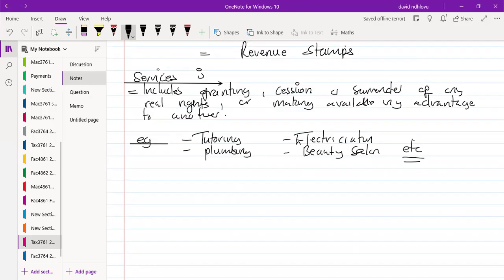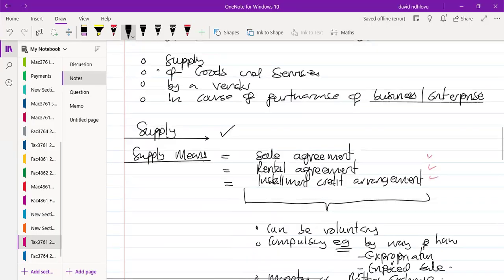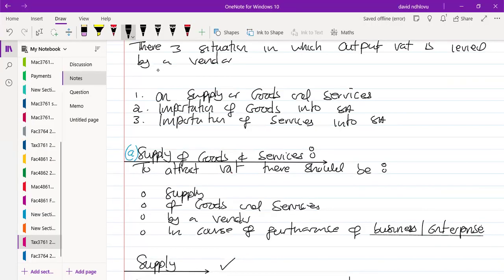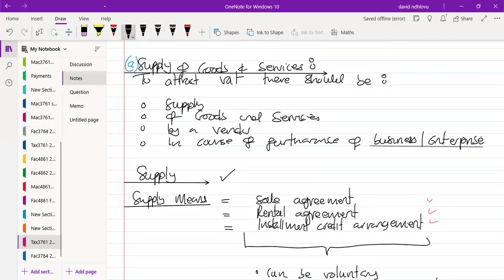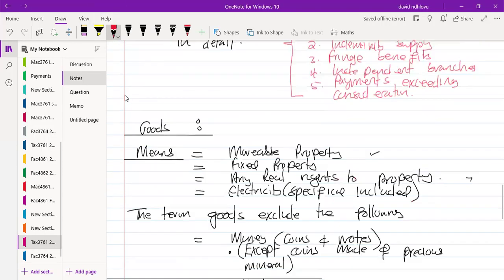And then the third requirement for a supply of goods and services to attract VAT: remember we've said there must be a supply of goods and services. We've defined that by a vendor. So the third part is vendor.